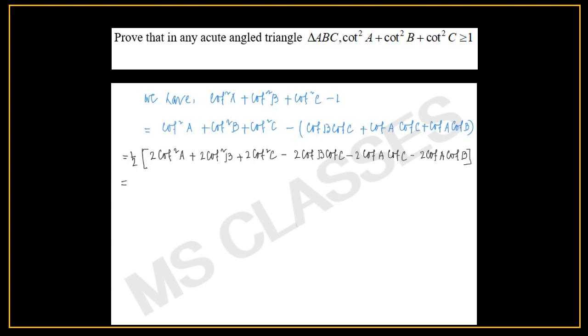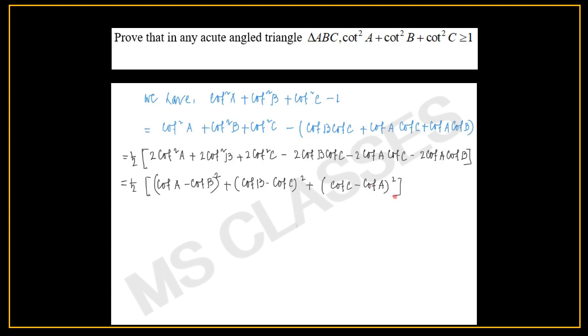Now this gives us half outside cot A minus cot B whole square plus cot B minus cot C whole square plus cot C minus cot A whole square. Now this must be a sum of squares.